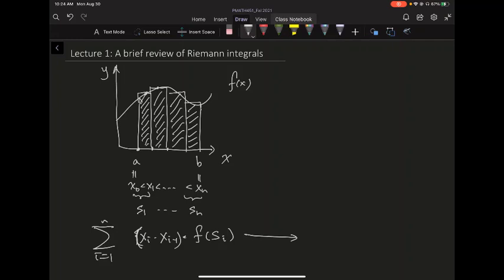So when n goes to infinity and also these intervals are going to be small, they will converge to some number, and you call this number the Riemann integral of this function. It kind of gives you a measure of the area under this function, basically. All right, so that's the idea of Riemann.